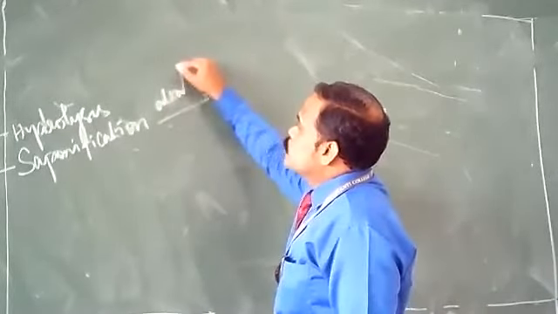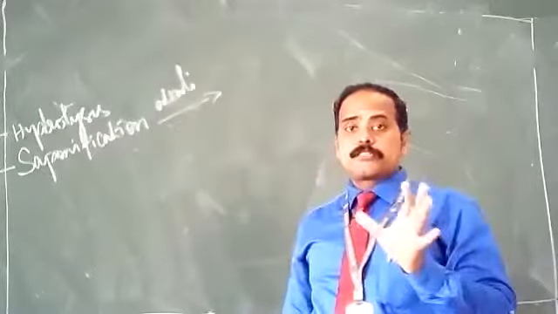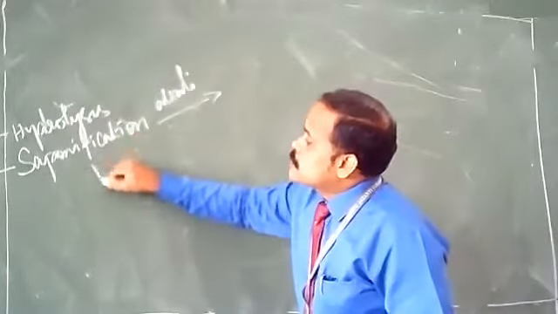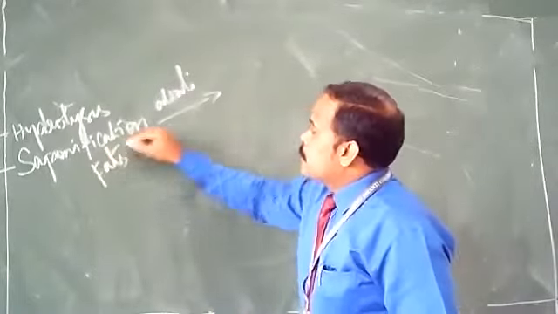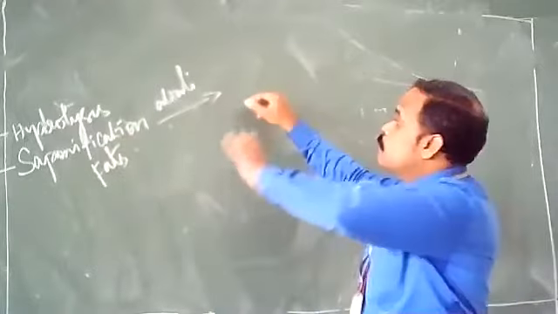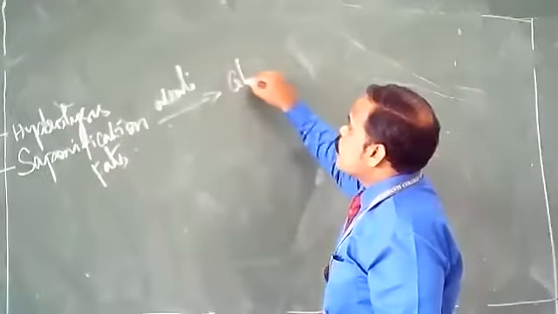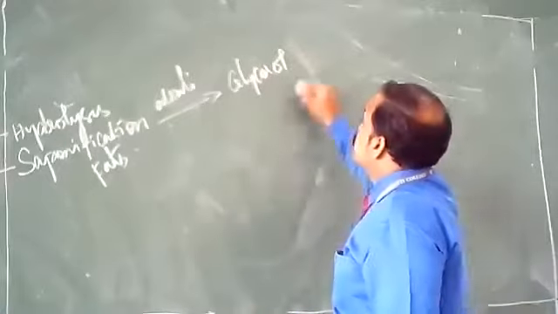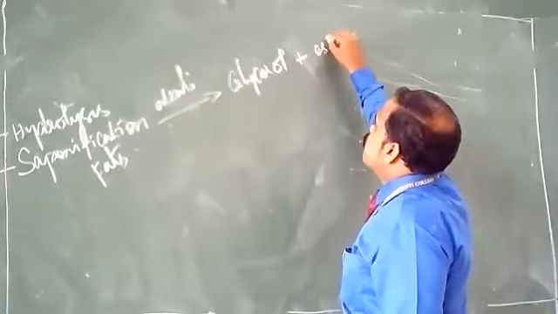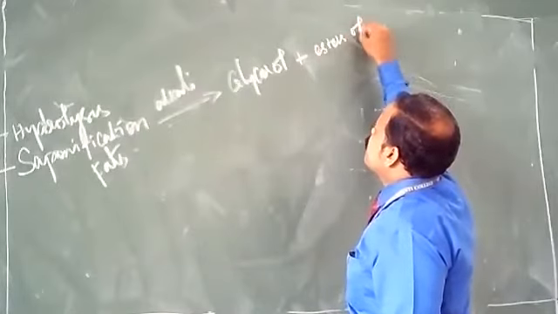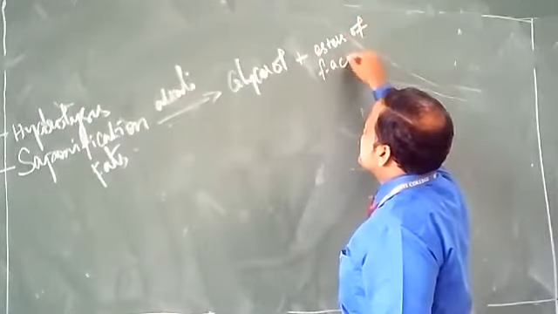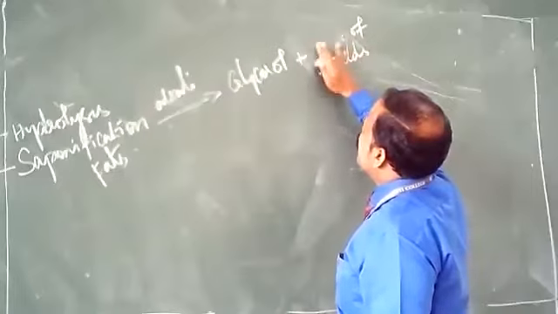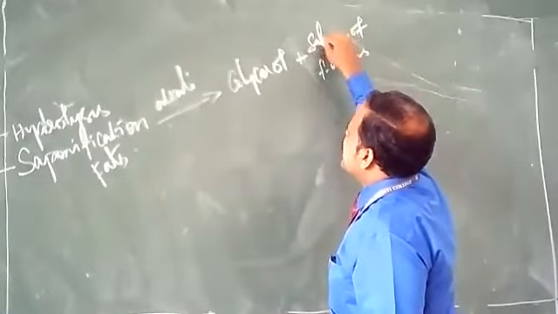When alkali is used, these fats or lipids are hydrolyzed and converted to glycerol, again the simple form of lipids, and salts of fatty acid.